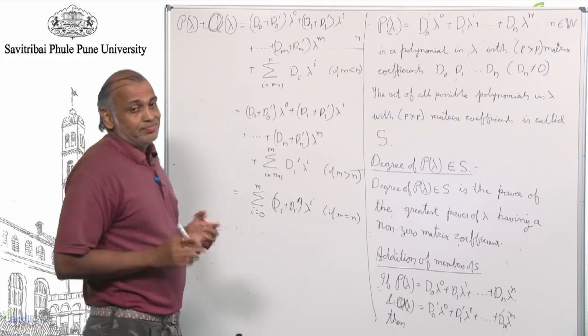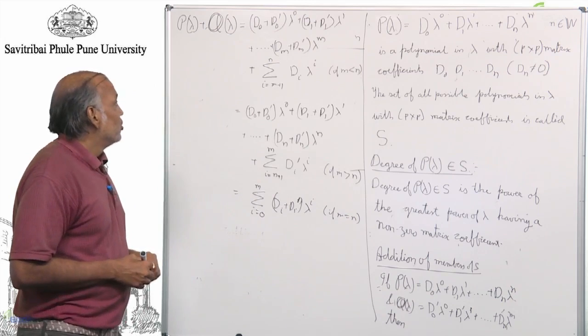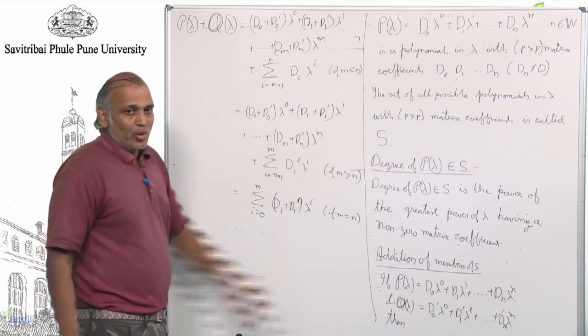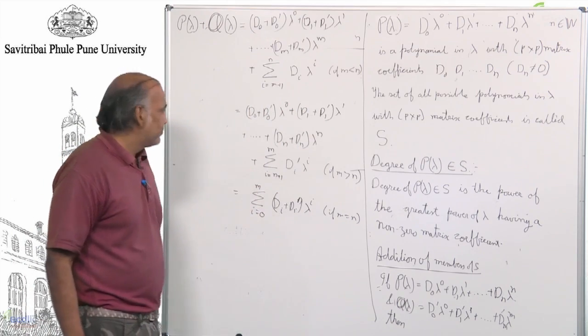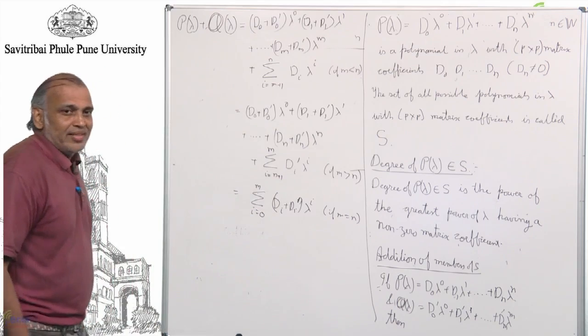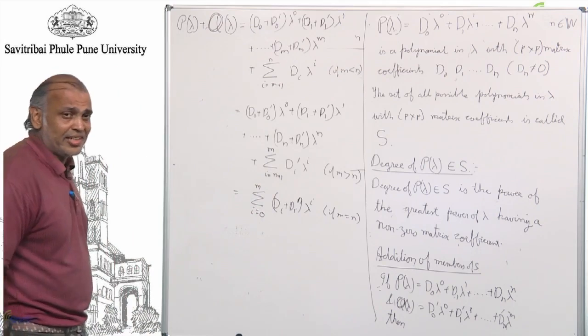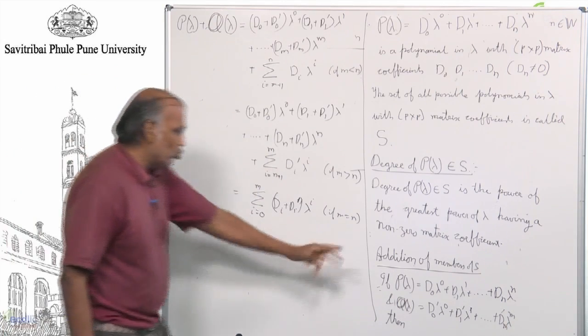What happens to the degree of the sum? You note that whether m is lesser than n or m is bigger than n, the degree of the sum would necessarily be the degree of the bigger of the two.